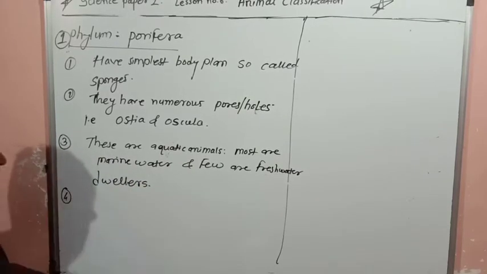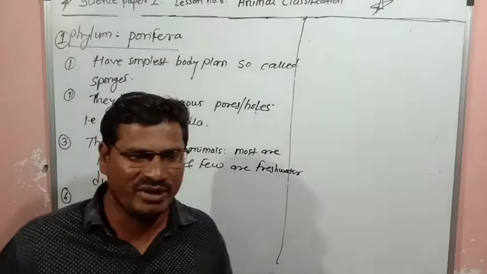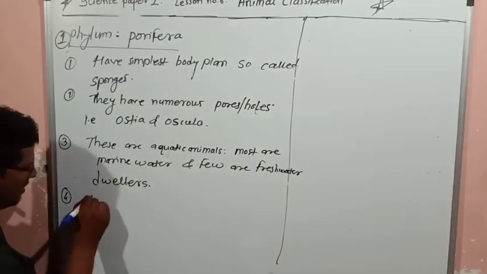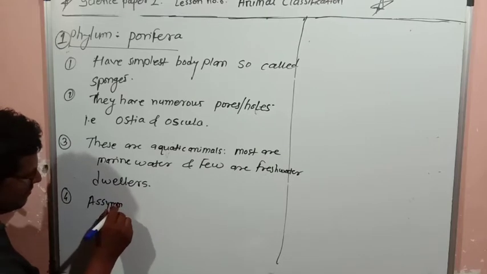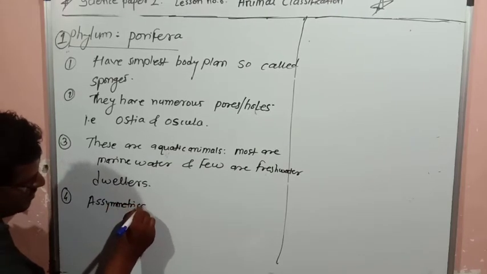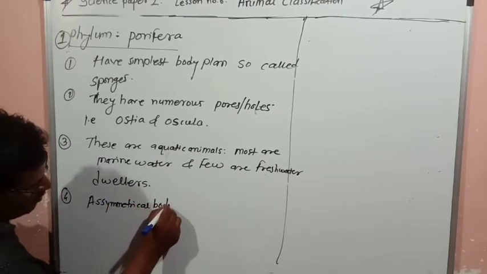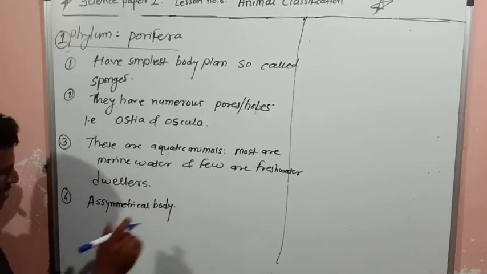The fourth one is that their body is asymmetrical. They have an asymmetrical body. The body is not divided into two equal parts.